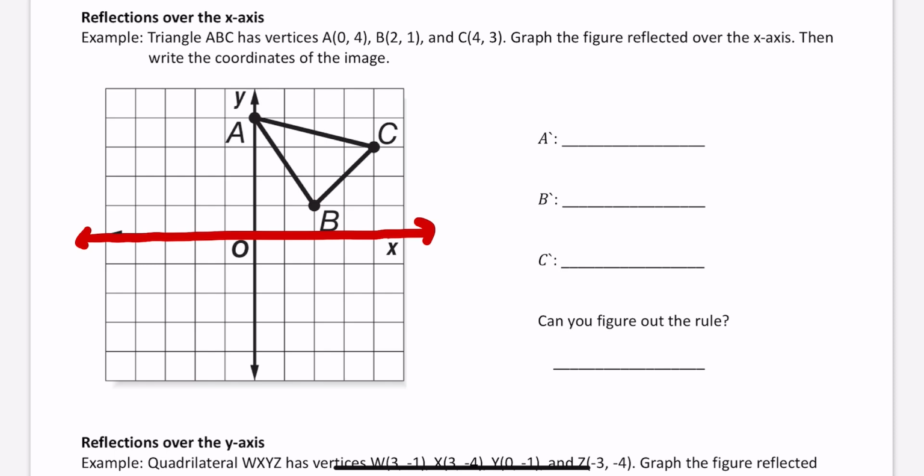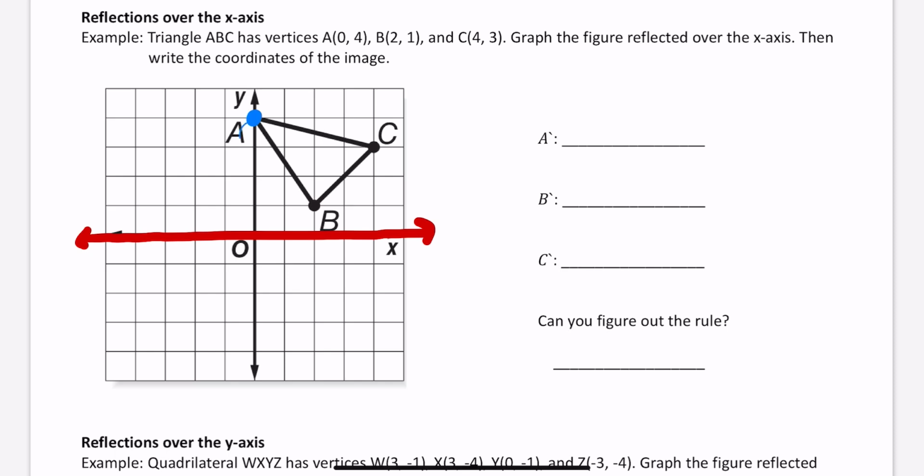Now, the easiest way to do this is you are just going to take each vertex, or each point that makes up the polygon, and you're going to count how far away it is from the line of reflection, and then you're going to just count on the other side of the line those same units, right? So, for example, point A right here, we're going to count from the x-axis because that's the line it wants us to reflect over.